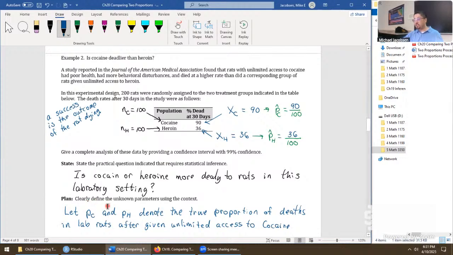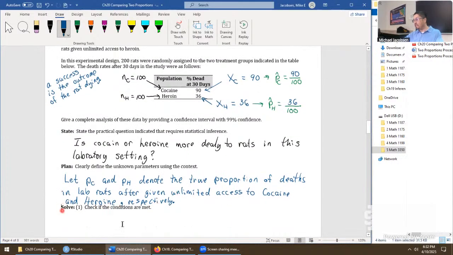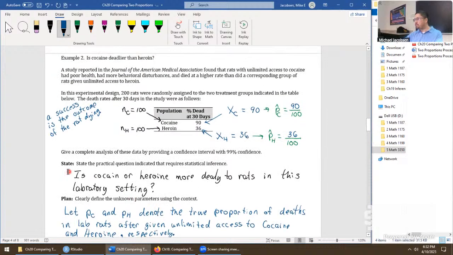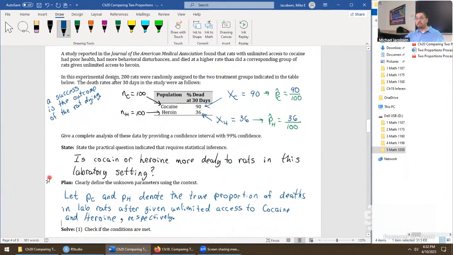We should maintain the parallelism and just literally write in and then say heroin, respectively. And if you said for 90 days, no harm either. Really, it's always your judgment call on how much detail you want to put inside there. As long as I see some context here, that's usually what I'm looking for. And whatever the major thrust of the study is, you'll capture here. Just make sure it's included somehow in the statement phase when you write in your parameters.